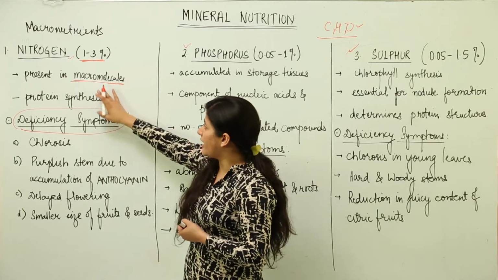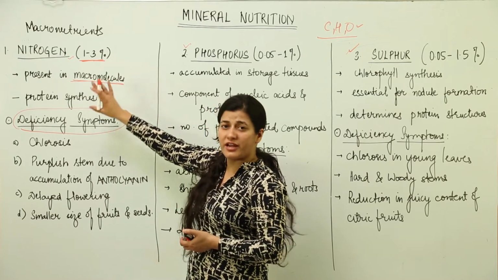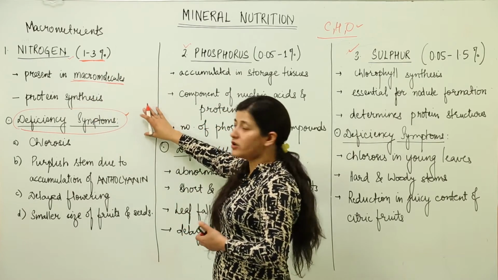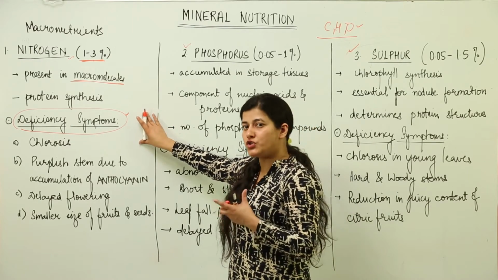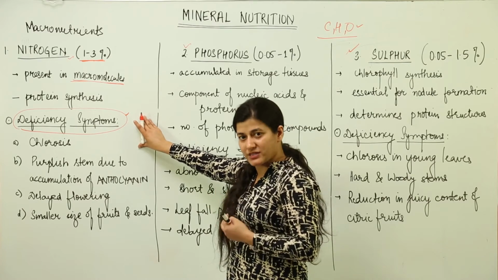These macromolecules cannot be formed if nitrogen is not present. If macromolecules of such great importance are not formed, you can make it out that the plant would not show the growth which is expected from it.